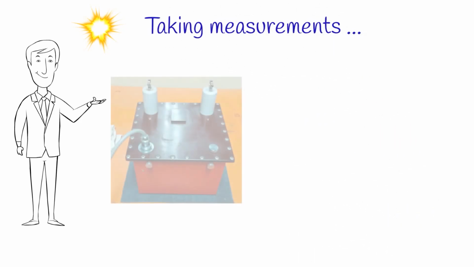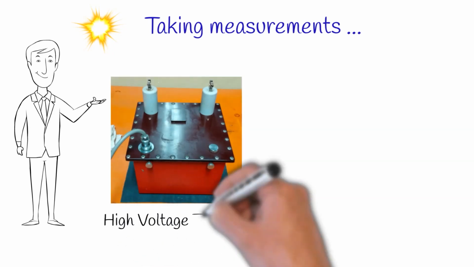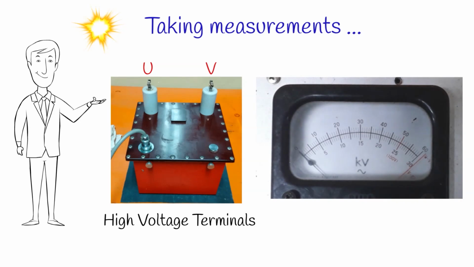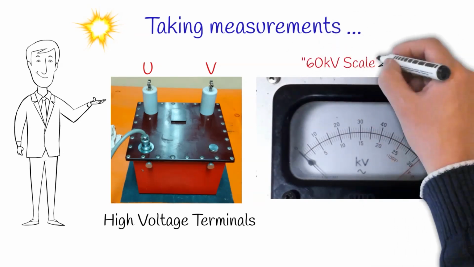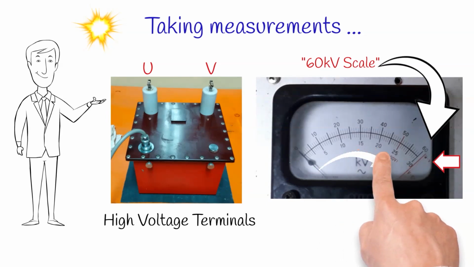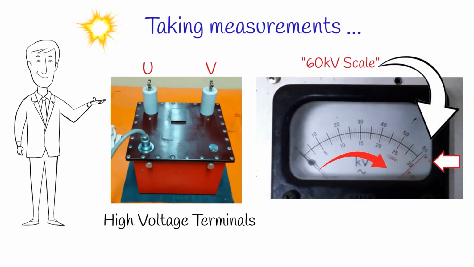Since we are using both high voltage terminals U and V for this session, we have to take the readings from the 60 kV scale, because it is named as the UV scale inside the dial. Here, if you carefully observed, you can notice that the pointer of the meter continuously moves to the right-hand side until the breakdown occurs.